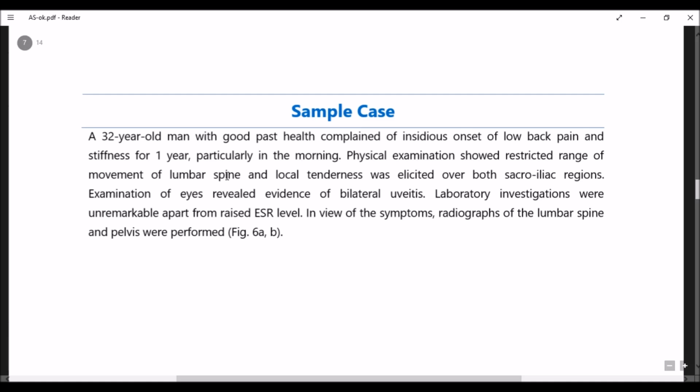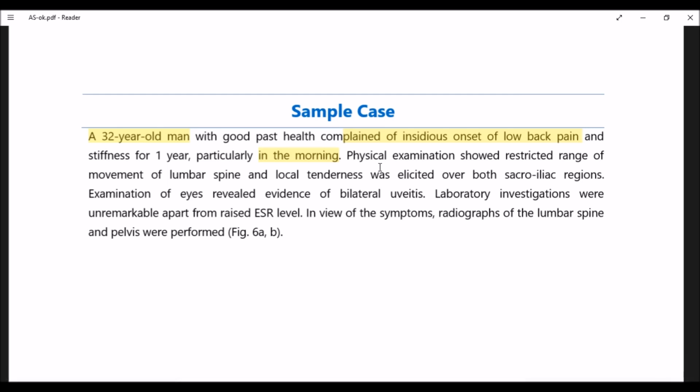And another simple case that I'd like to discuss here. A 32-year-old man with a good past health complained of insidious onset of low back pain and stiffness, particularly in the morning. So morning stiffness, back pain: always think about inflammatory joint pains, and always think about ankylosing spondylitis, meaning seronegative spondyloarthritis.